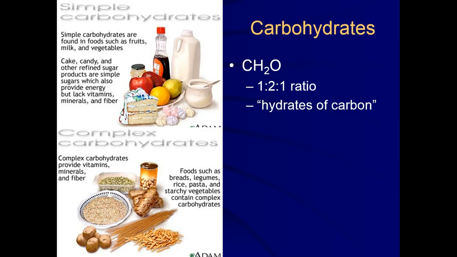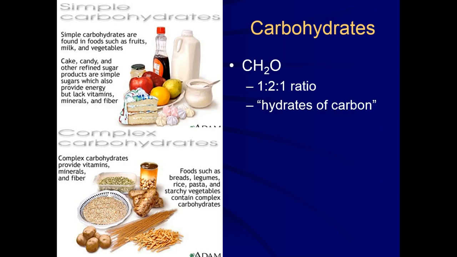And you'll find that the carbon, hydrogen, oxygen are always in the same ratio. Right? For every carbon, you'll have 2 hydrogens. So we have a 1 to 2 to 1 ratio. All right? So let's say we have 1 carbon, 2 hydrogens, 1 oxygen, a 1 to 2 to 1.